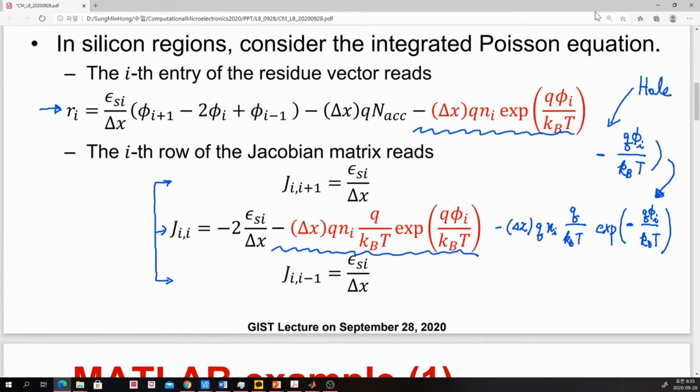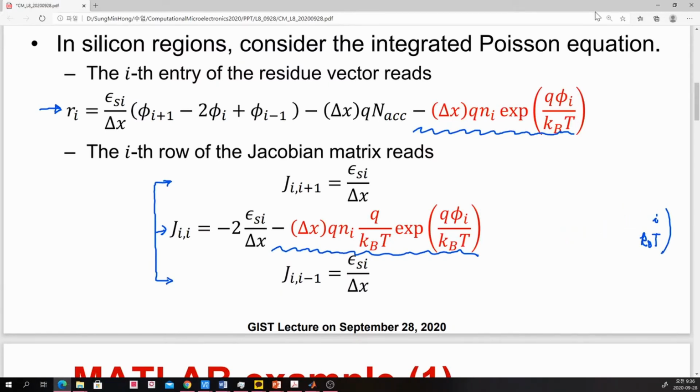But the point is, since your residue and your Jacobian matrix now depend on phi sub I, the temporal solution of your Newton iteration, you have to evaluate your Jacobian matrix every time you solve the Newton-Raphson method. So that is really a big deal.